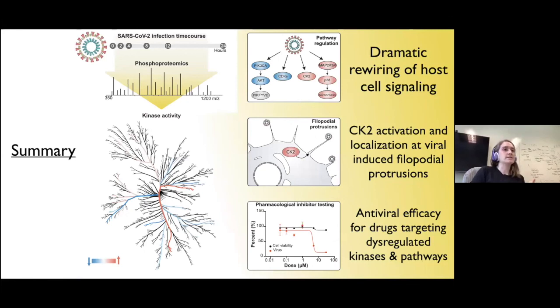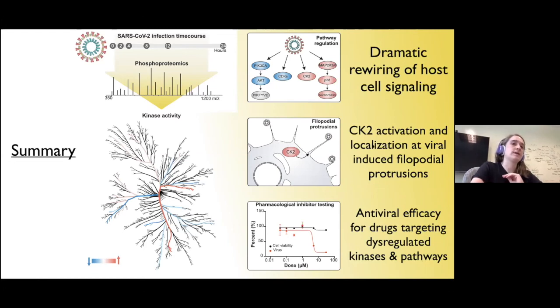So in summary, what we did here was perform a phosphoproteomics assay over SARS-CoV-2 infection, and then to take that wealth of phosphoproteomics data and make it more translatable, we converted it into kinase activity assays, where we observe dramatic rewiring of cell signaling.